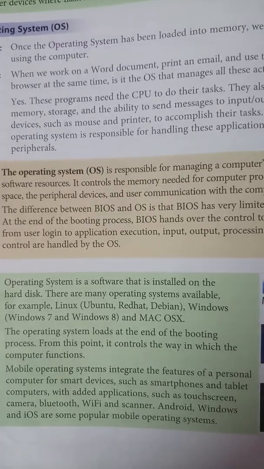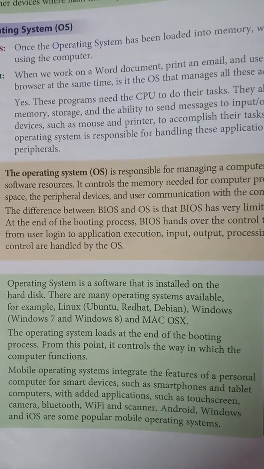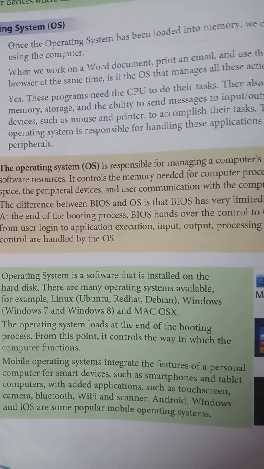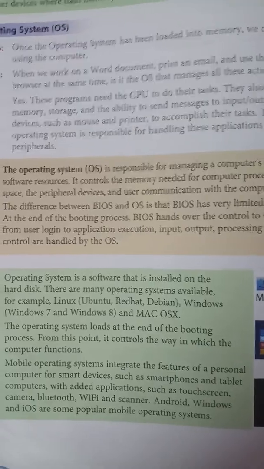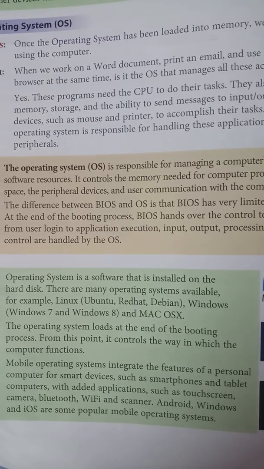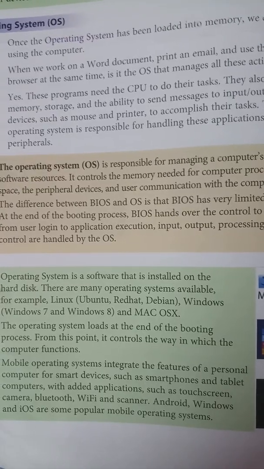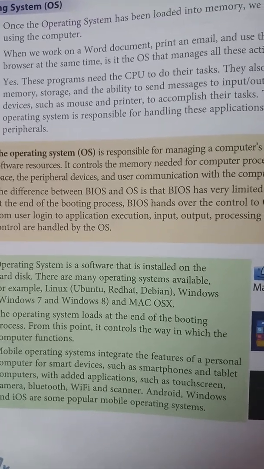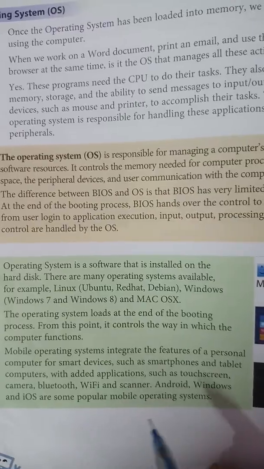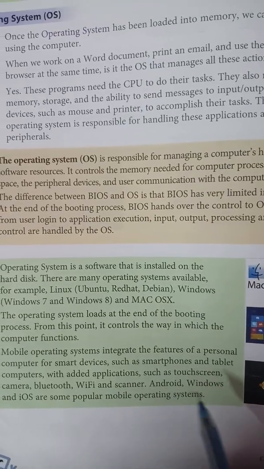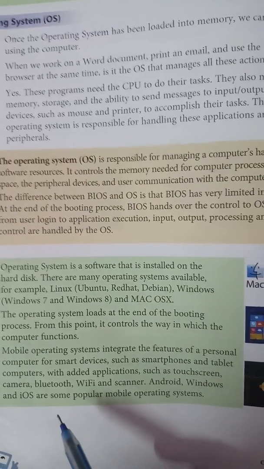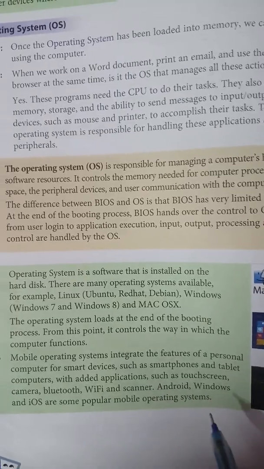And with added applications, what are the applications? Touch screen, camera, Bluetooth, Wi-Fi, scanner, and so many operations are also done in your mobile devices. So it is the same as your personal computer. And what are the operating systems in mobile? Android, Windows and iOS are some popular mobile operating systems.